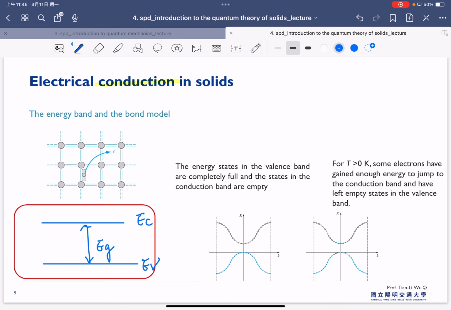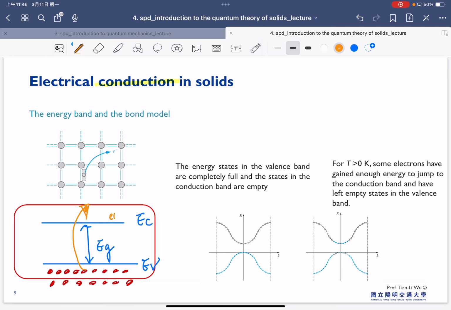From previous understanding, we already know that below EV is a place full of electrons. And when we have current conduction in the solid, the schematic shows the electron moving from here to there. That creates the current. But in terms of the band diagram, that means the electron jumps from the valence band across the forbidden energy gap and reaches the conduction band.